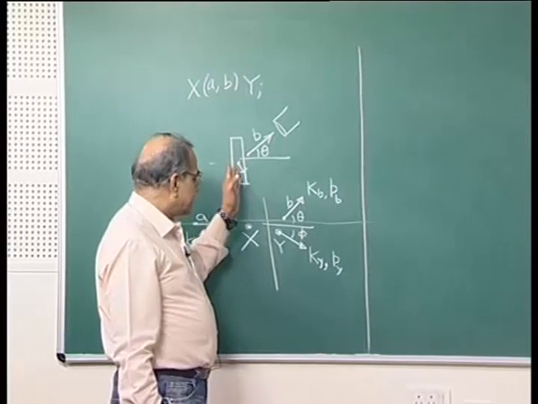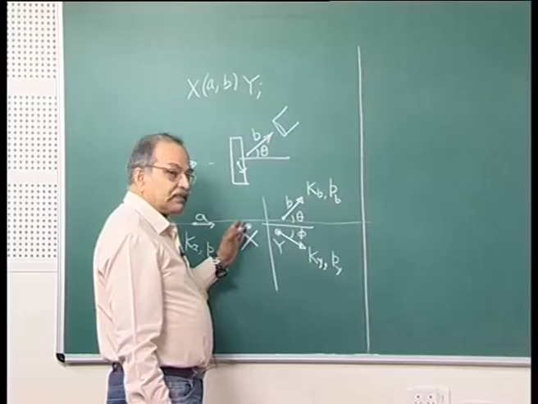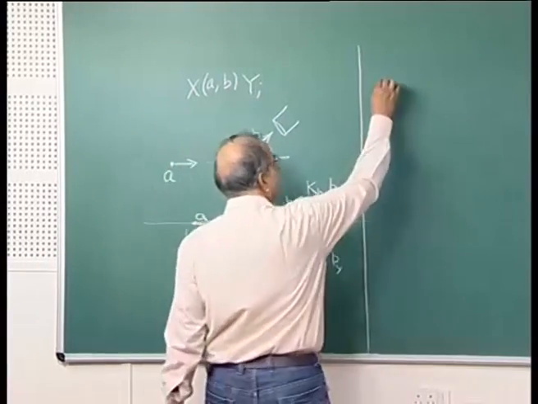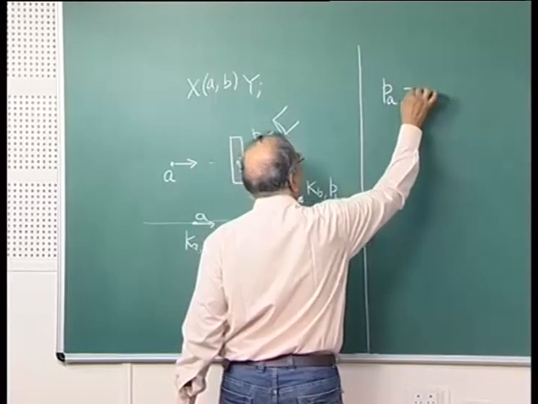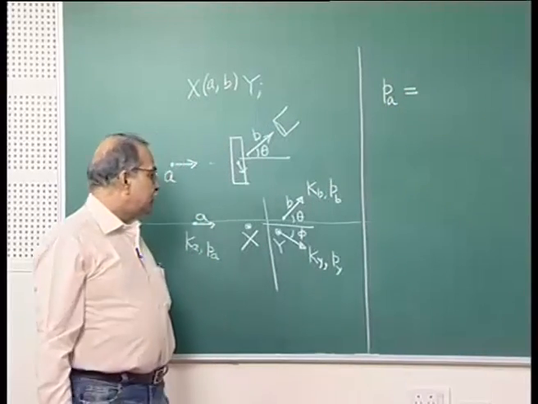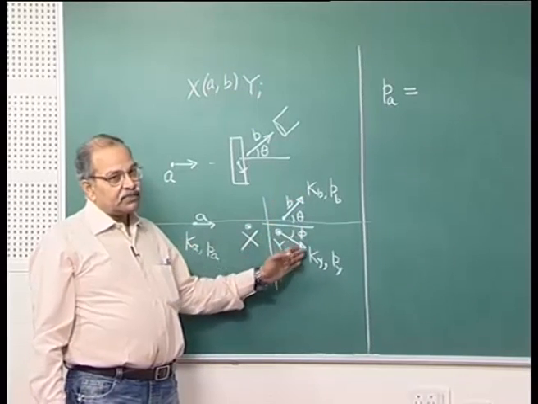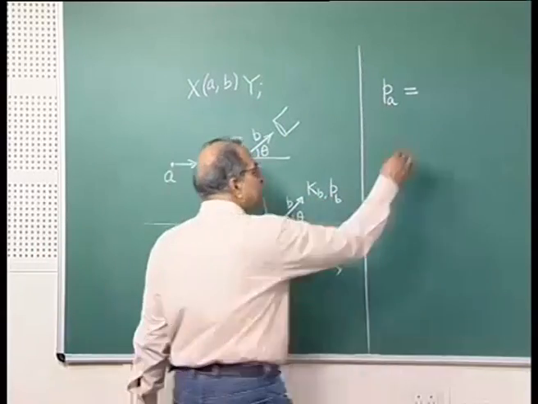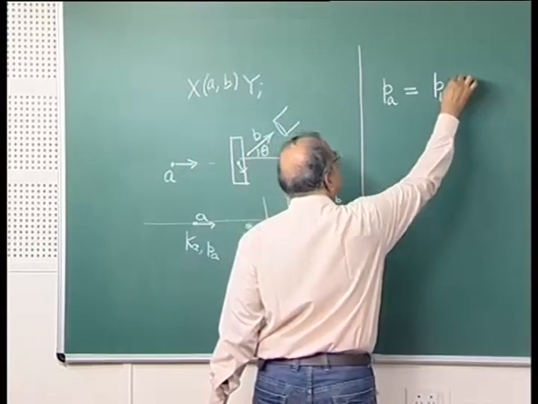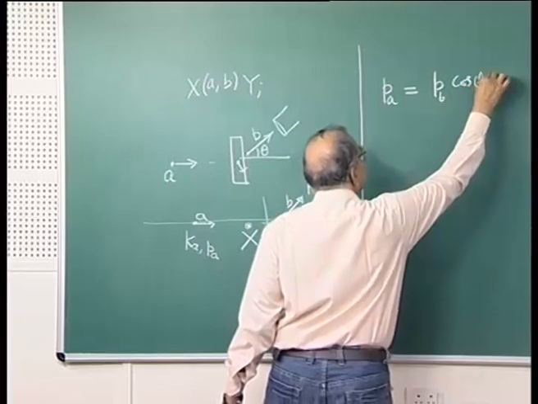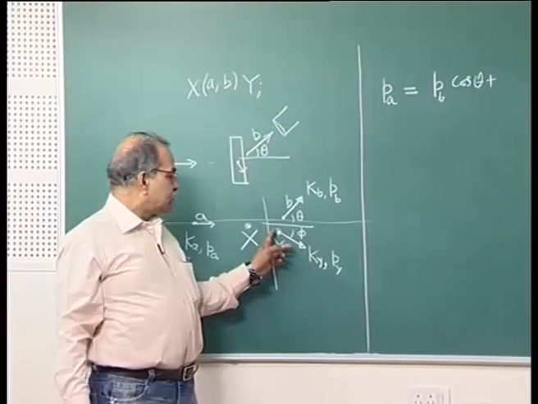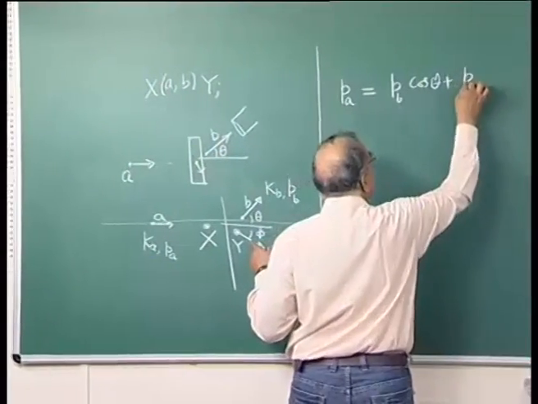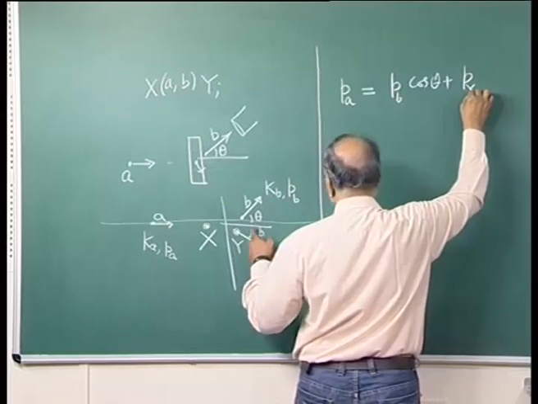So, the momentum of X is 0 in this frame, and therefore the linear momentum is just P A in the x direction, and that P A should be equal to the final linear momentum in the x direction, which will be the linear momentum of B, that is P B cos theta, plus the linear momentum of this nucleus Y, so it will be P Y cos phi.